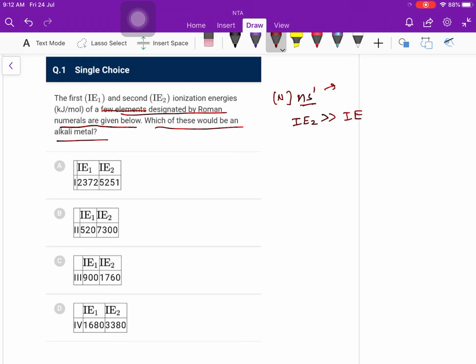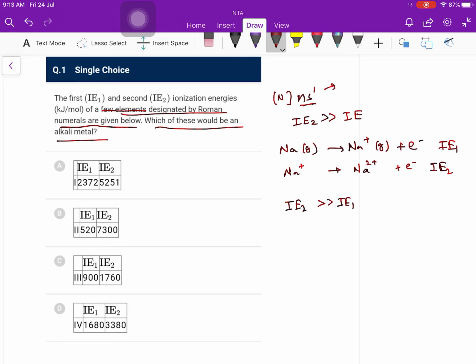Removing the first electron is easy, like from Na gas to make Na+ gas, it requires less energy, but to make one more positive charge, to make Na2+ from Na+, this is ionization energy 1 and this is ionization energy 2. So ionization energy 2 is quite greater than ionization energy 1. What we have to see here is the difference.